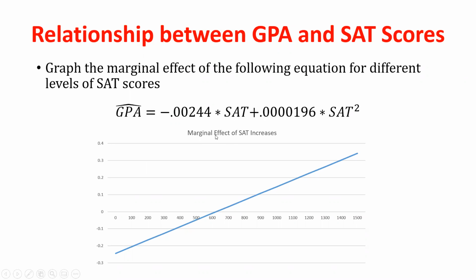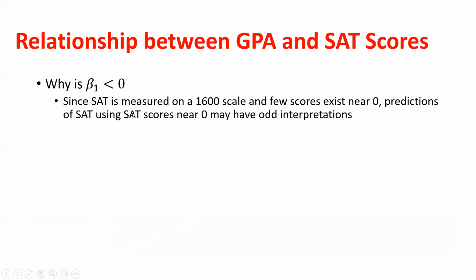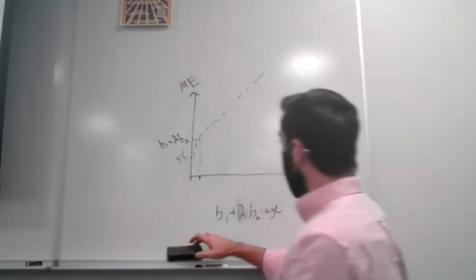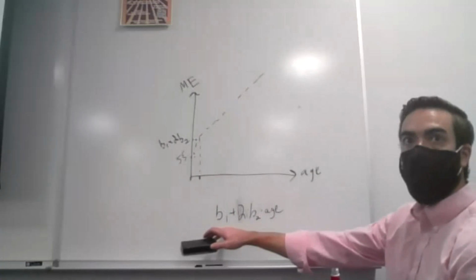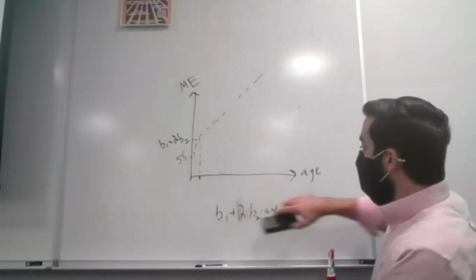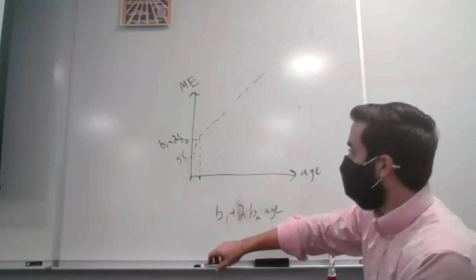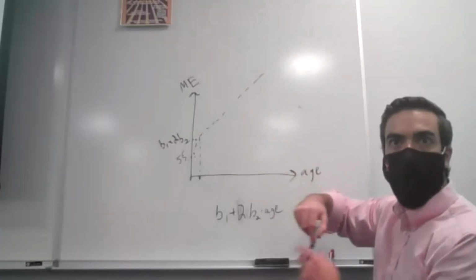I could come up with what this prediction was. Now, notice, when I have really low SAT scores here, how can I get a predicted negative GPA? Well, this is where sometimes we have to think about the context of our example, right? So why is this negative? Why could I have these negative GPA predictions if I use this? Well, if we think about it, if I'm trying to come up with what these marginal effects are, like I talked about before, we could map these out.